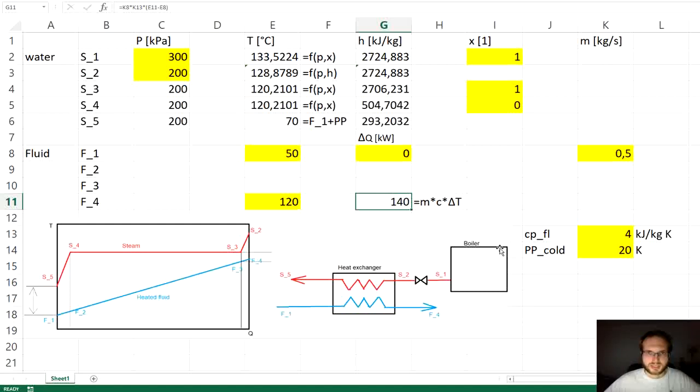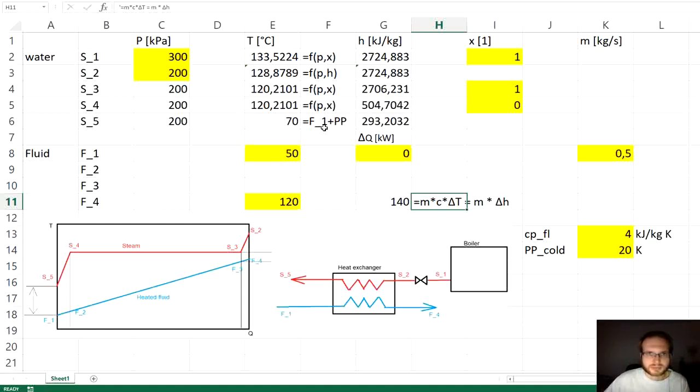Now this transferred heat equation can also be rewritten as M times delta H, and we can use this for our steam line.